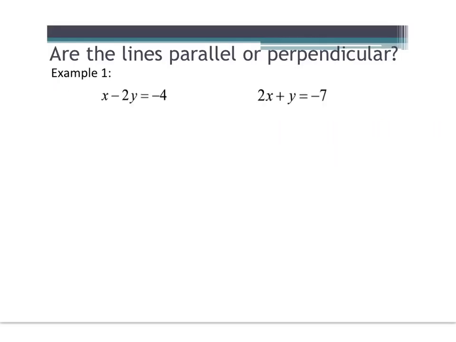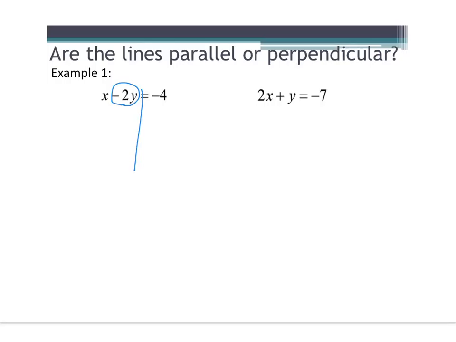So let's take a look at this first example. Notice both of these equations, they're not y equals. So in both cases, we need to solve them for y first. And you guys have done really well with this recently. Putting a line through our equal sign, circling our y and any number or sign that comes in front of it.